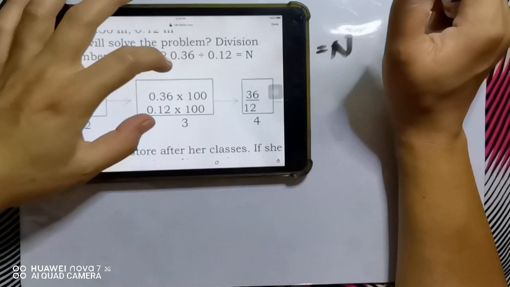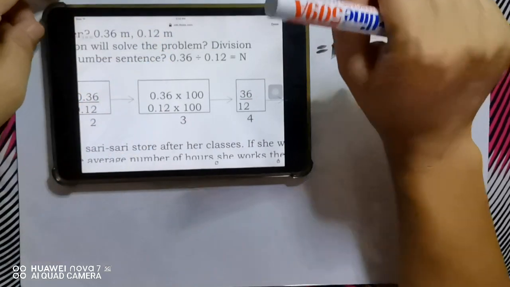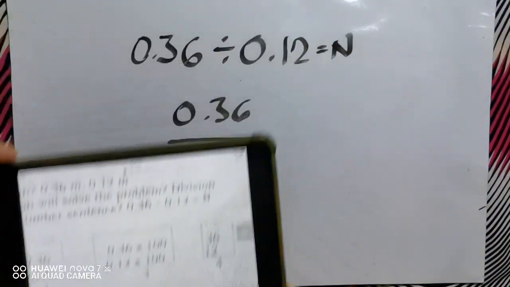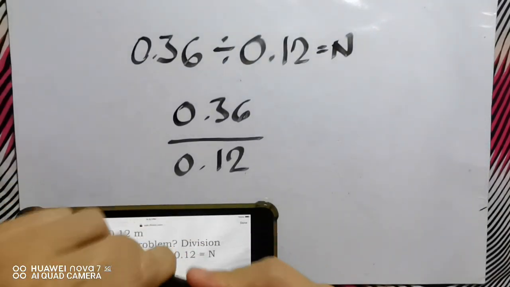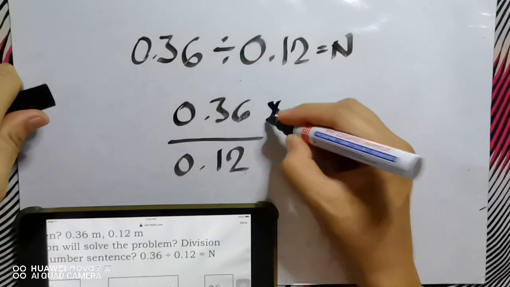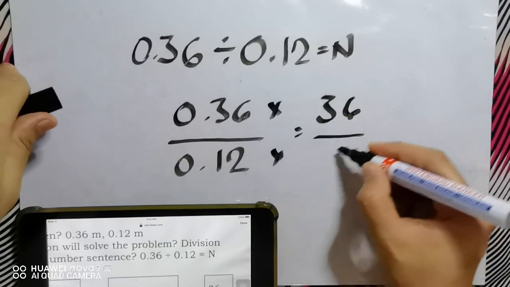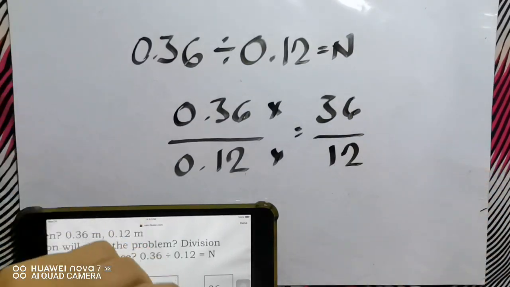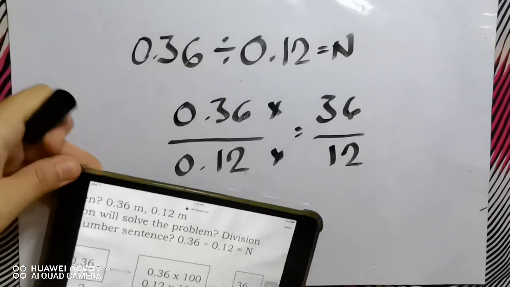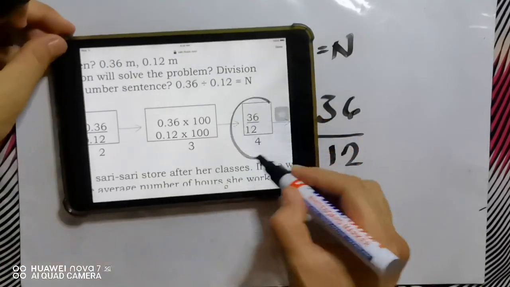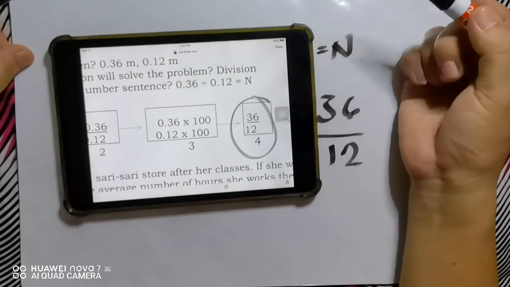Ito yung example na binibigay ng problem. Now whenever you multiply that by 100, you will have 36 over 12. Kaya naging 36 over 12.